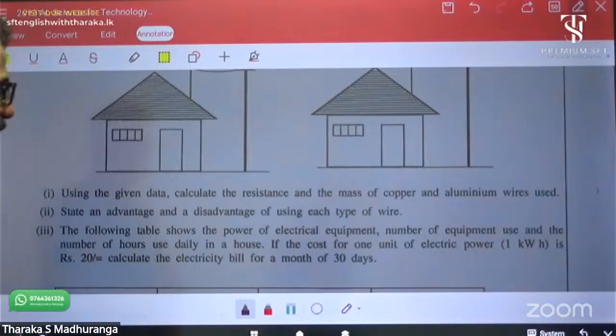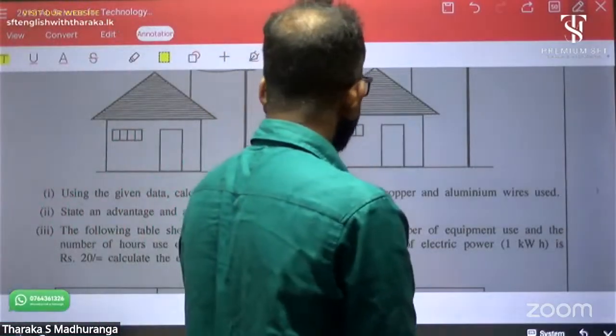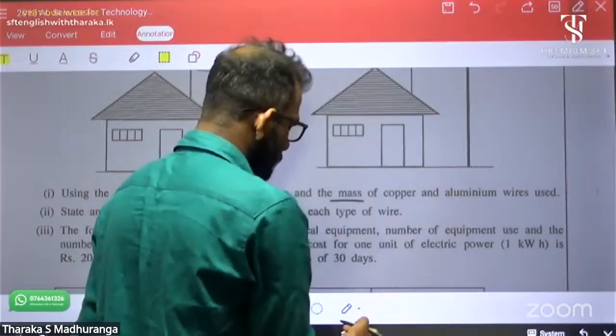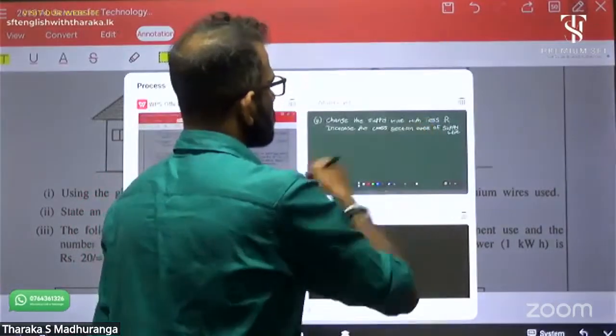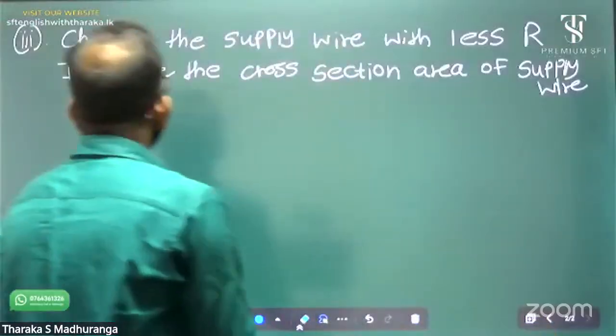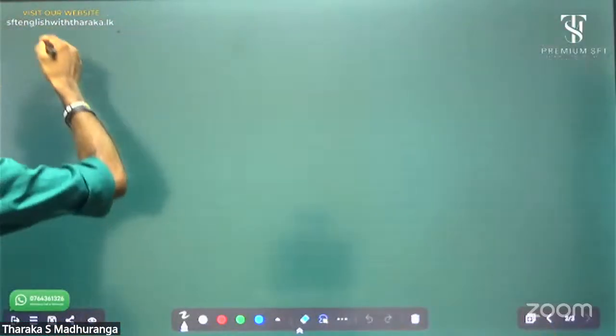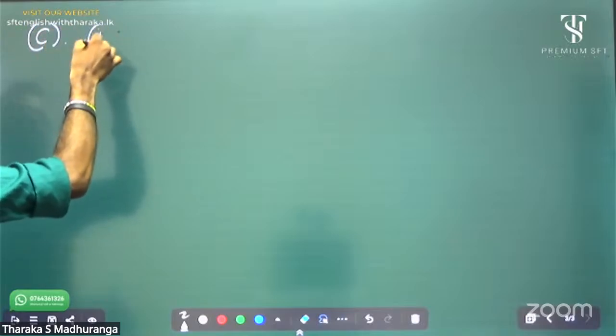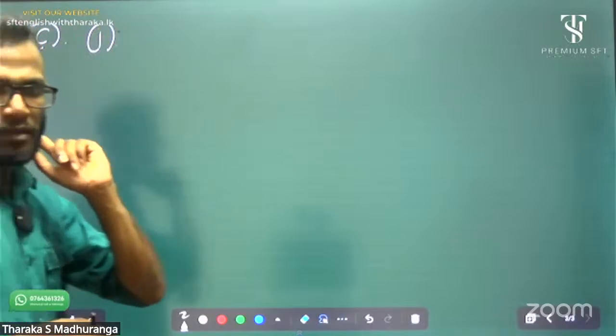Using the given data, calculate the resistance and mass of copper and aluminium. First one, part C, part 1.